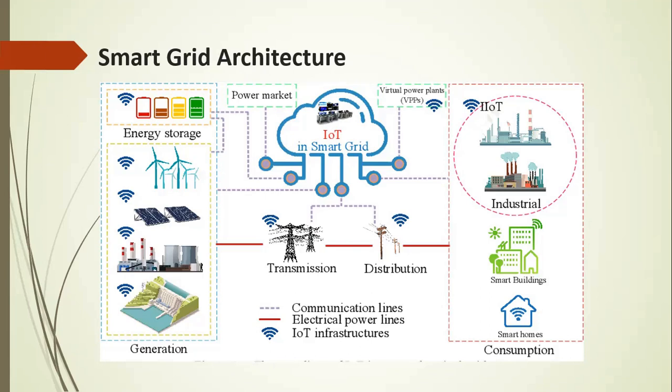Over here, there is a very important component, that is IoT, Internet of Things, in a smart grid. The dotted lines over here are basically showing the communication lines. The information about energy storage, about energy generation, about consumption, all of this information is sent to the main control center using IoT, which analyzes and forecasts the data, and it analyzes the power market and virtual power plants.